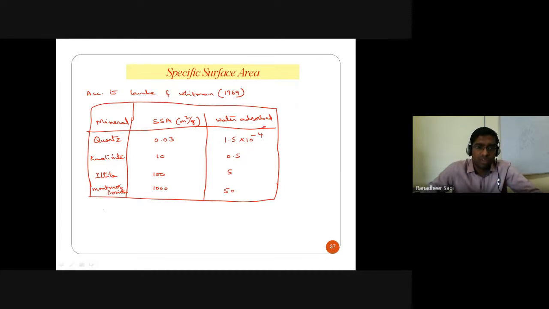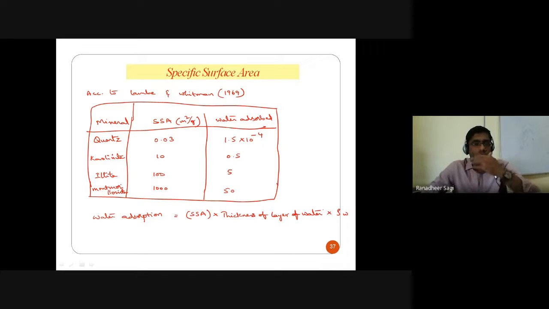Okay. So how are we going to be talking about this water absorption capacity? Water absorption is what I can write as the specific surface area of that particular mineral into the thickness of the layer of water surrounding that particular mineral into the unit weight of water.